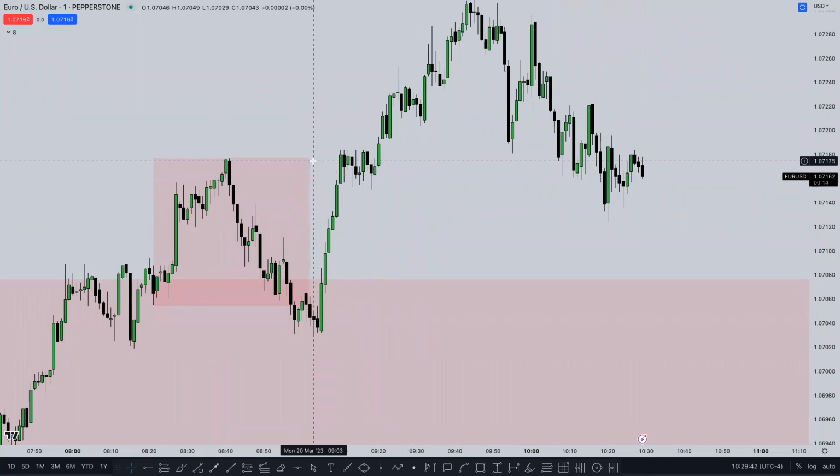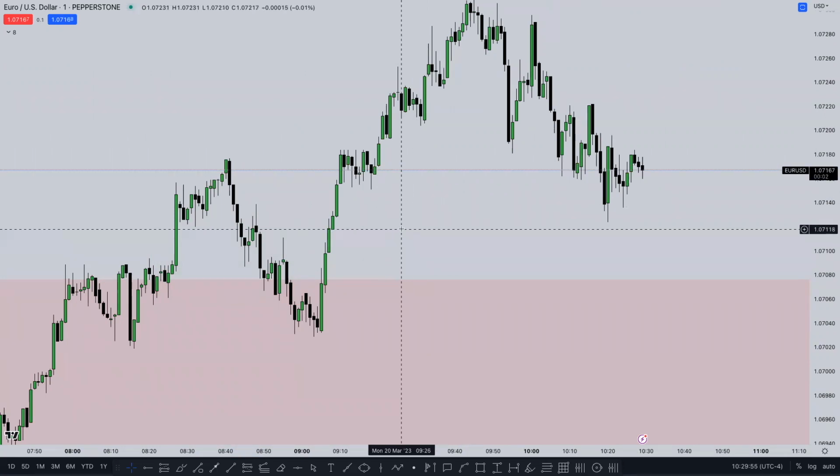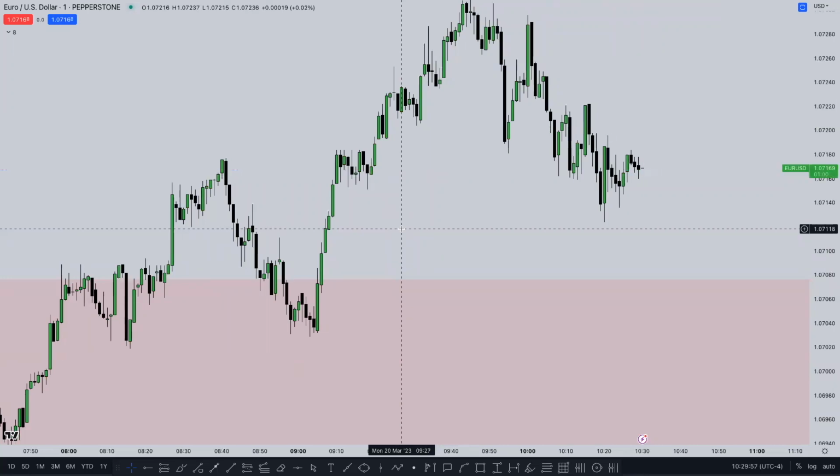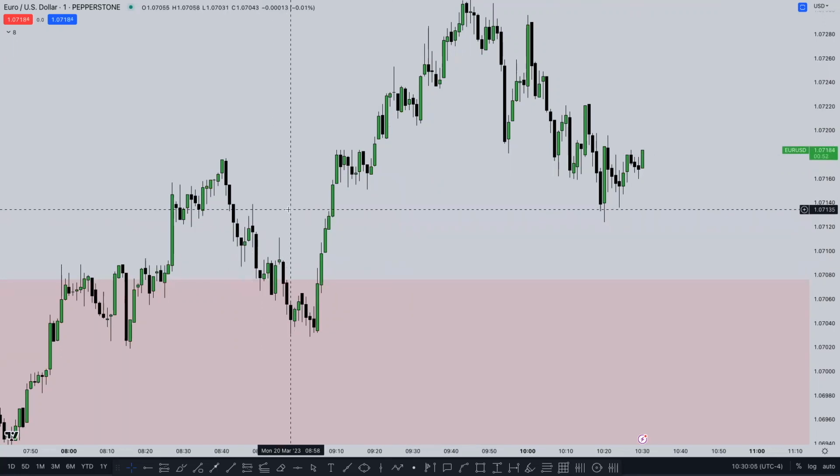All right. Now you might say, Sean, how the hell do you select these ranges? It will come to you with practice. You need to understand what is required for price to form a range. So it's consolidation, expansion, reversal, retracement. That expansion phase is the manipulation phase.